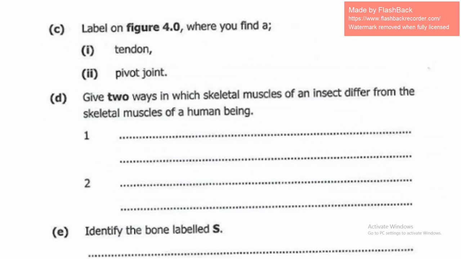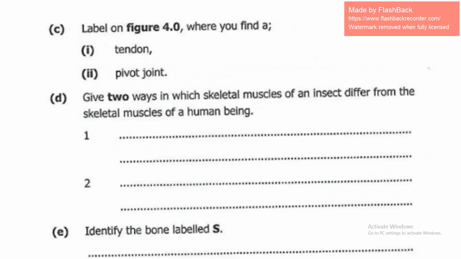Now, what about a tendon? A tendon is a part that connects a bone to a muscle. What's the specific function of a tendon? A tendon converts contraction into movement.